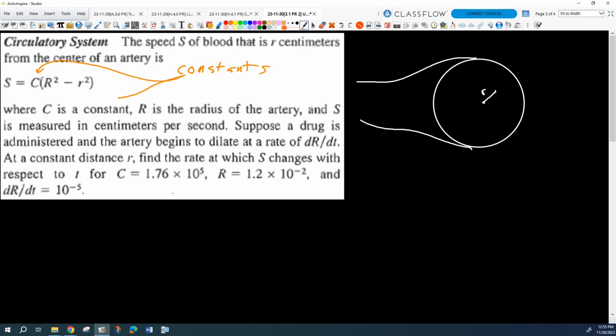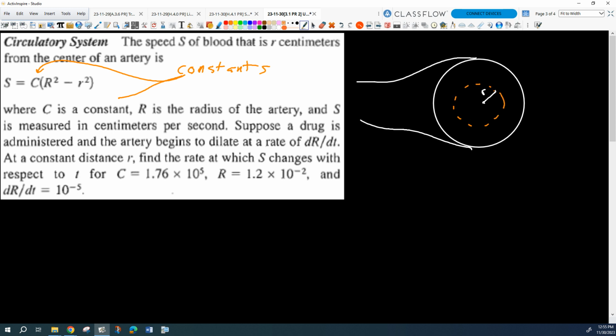In this application, we're saying that the distance from the center is fixed. We're predicting how fast the speed of the blood is changing at that particular distance from the center. So really it could be any place on this.